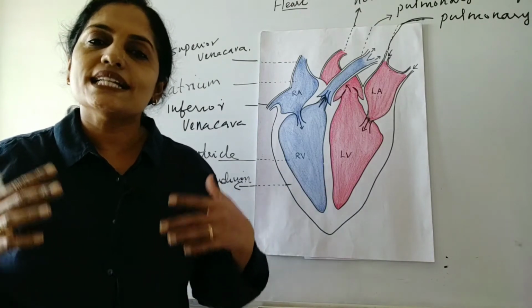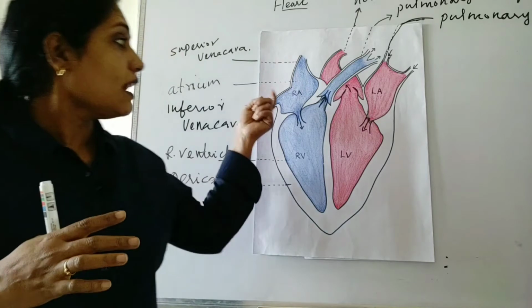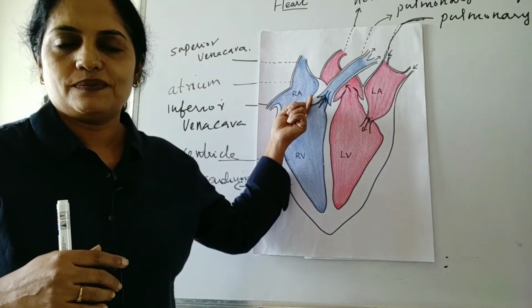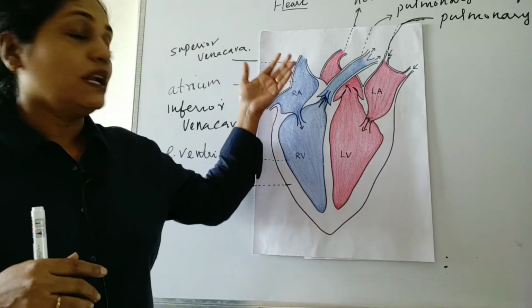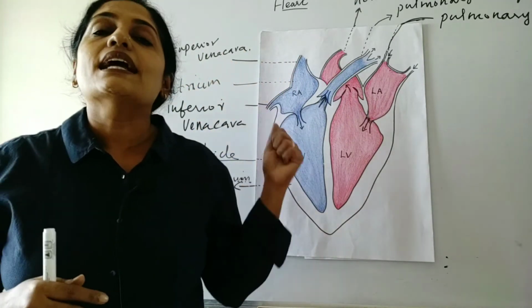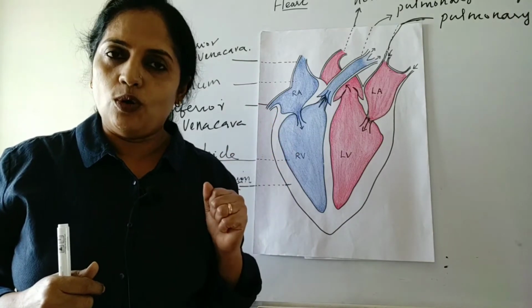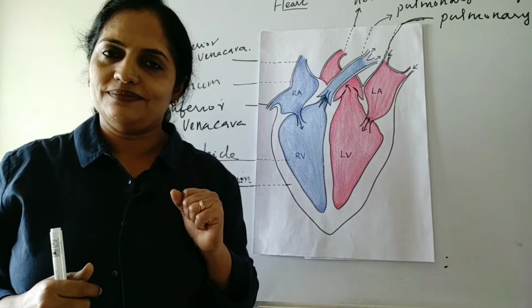When circulation starts, let us assume that circulation is starting in the right atrium. When the right atrium receives blood from the vena cavae, it is in its dilated form or in a diastolic condition.